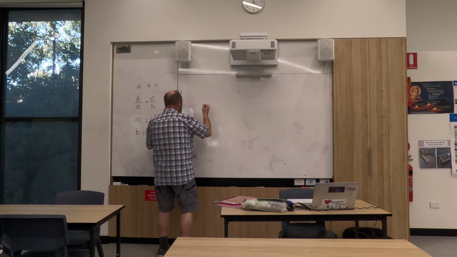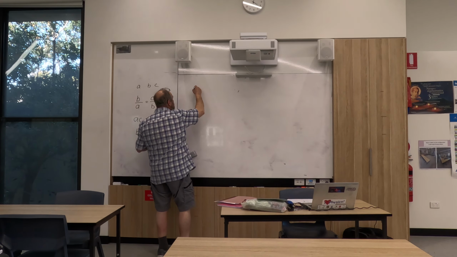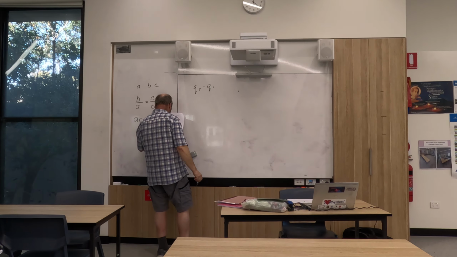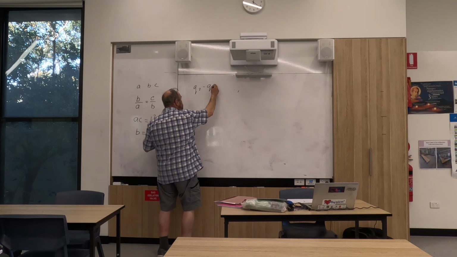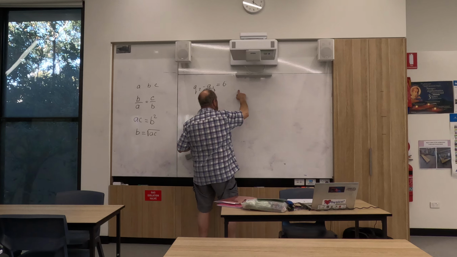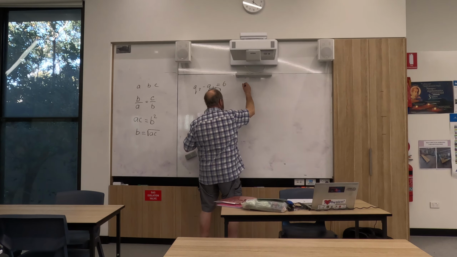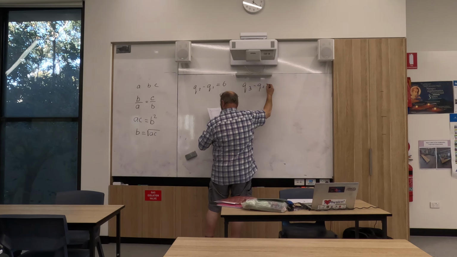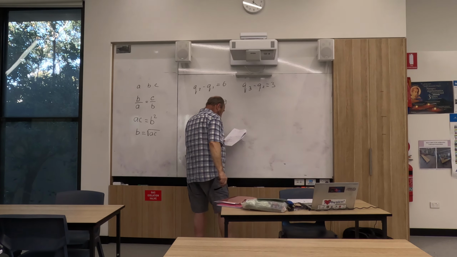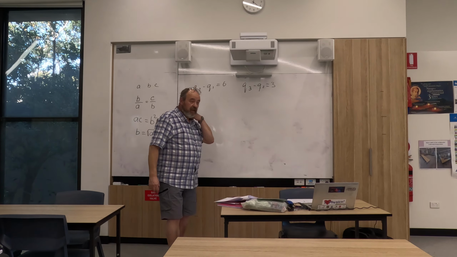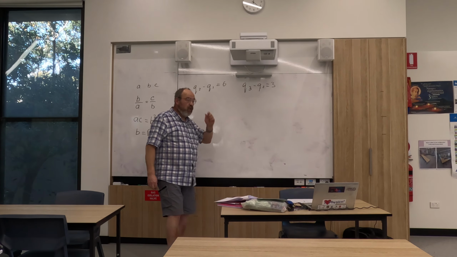So we have Q2 minus Q1 equals 6, and we have Q3 minus Q2 equals 3. Find the first term and common ratio.